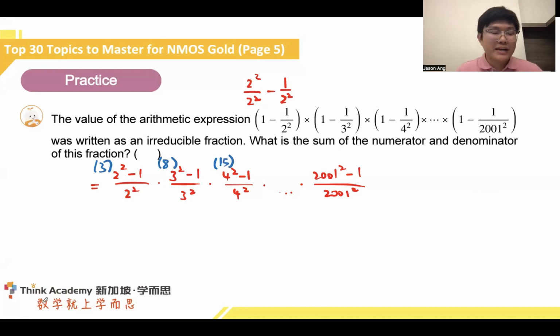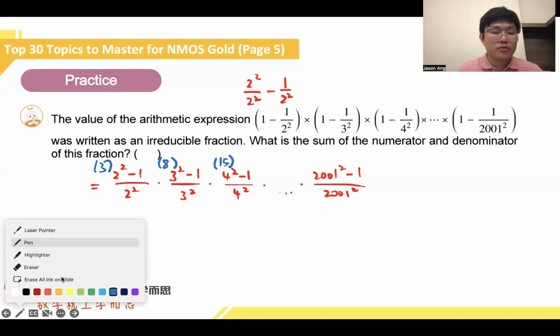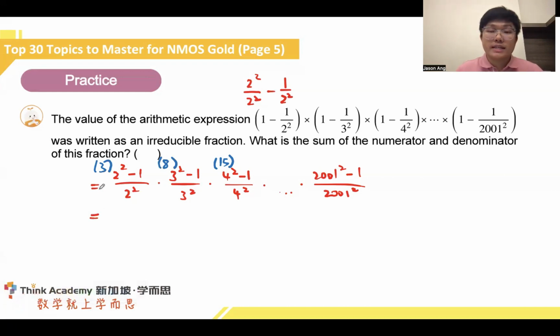If you're not sure, never mind. Let me review the pattern to you. 3 is the same as 1 times 3. 8 is the same as 2 times 4. Just based on this pattern, you probably can tell me the teacher is going to give a 3 times 5 for your 15. Very good.